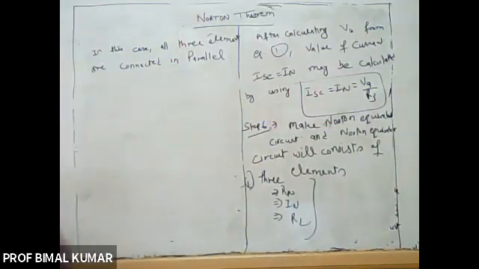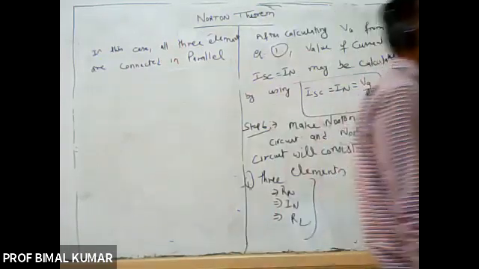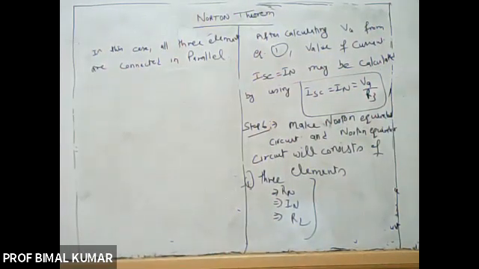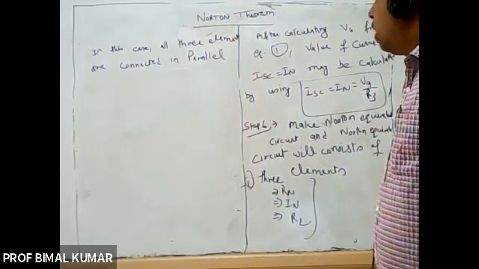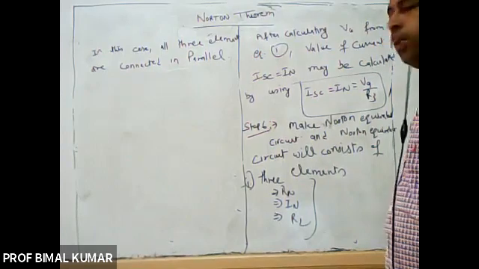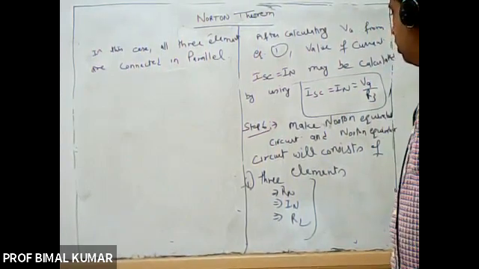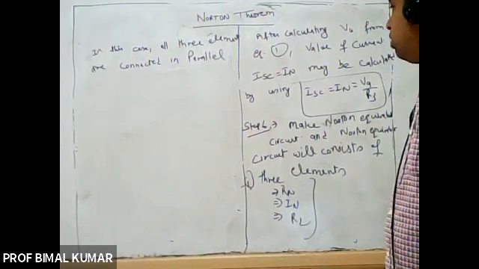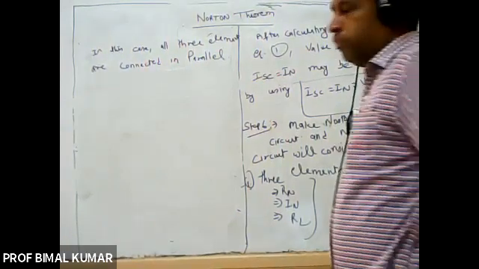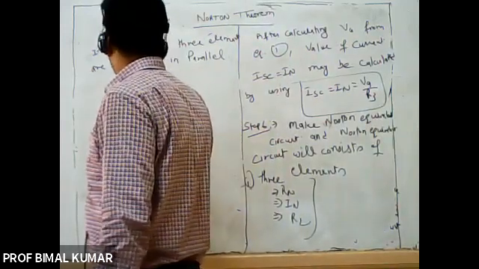Right? In case of the Thevenin theorem, all 3 elements, RTH, VTH and RL, are connected in series. But here in case of the Norton theorem, all those elements, that is Rn, In and RL, are connected in parallel. So this is your Norton equivalent network.